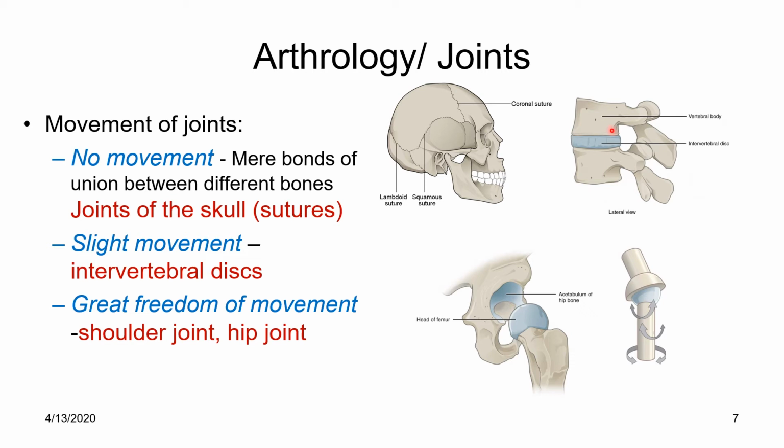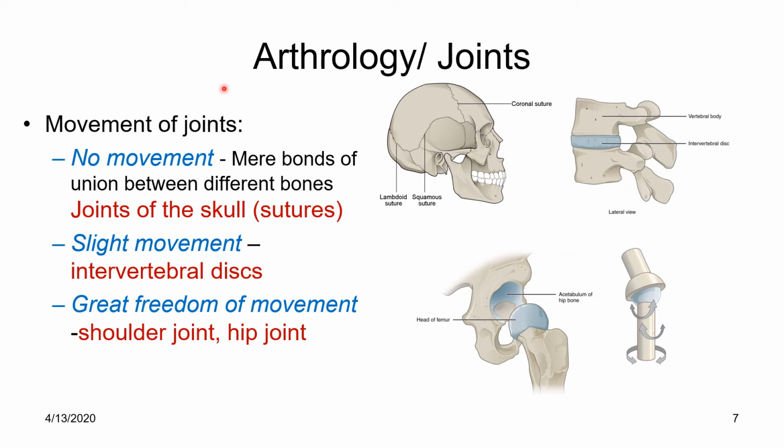And these are two vertebrae, the bodies of vertebrae, which are joined by intervertebral discs. Then here you are seeing the hip joint formed between the head of the femur and the acetabulum of the hip bone.